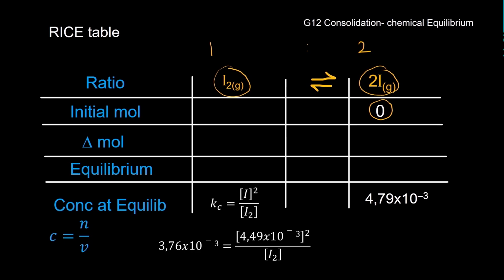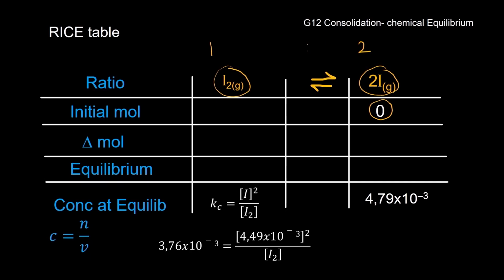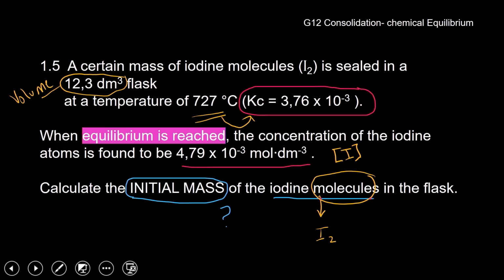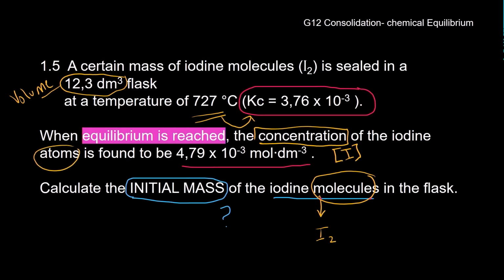They haven't told us anything about that. The C in the row stands for change in, so that's why it's delta, the change in the number of moles as the reaction reaches equilibrium. And then at equilibrium, what is the number of moles? Well, we don't know that either. We do know, however, if I go back to the slide, that they don't tell us the number of moles, they tell us the concentration of the iodine atoms is 4.79 times 10 to the minus 3 moles per decimeter cubed.